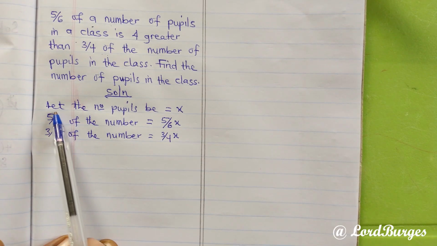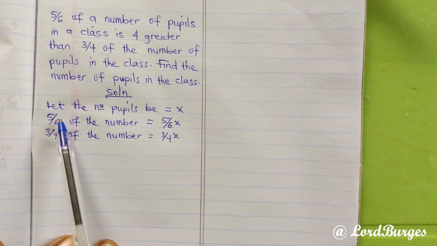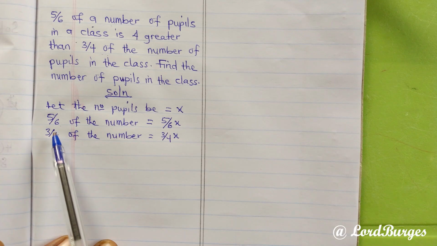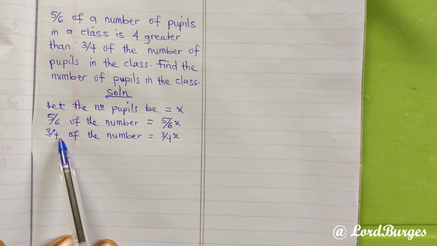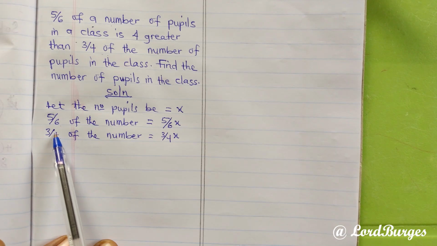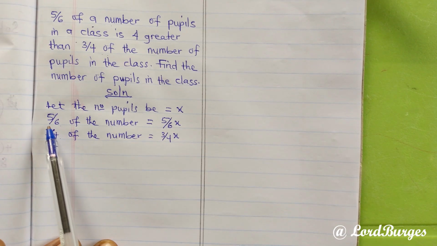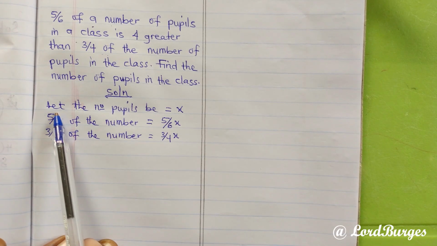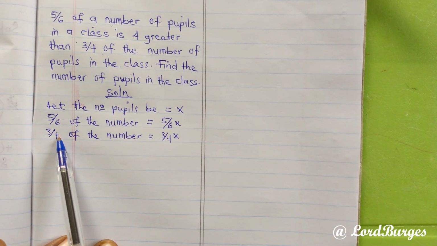But this 5 over 6 is 4 more than the 3 over 4. Therefore, for these two sides to be equal, if this one is 4 more than this, then if I equate the two of them, I need to either subtract 4 from this to get this, because this is 4 more than this.